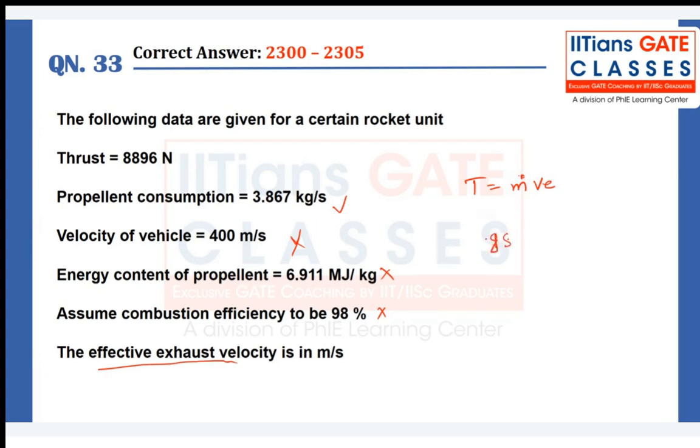So thrust is provided as 8896. If you divide it by the propellant consumption rate 3.867, you will obtain the exhaust velocity, which comes to around 2300.5 meters per second.